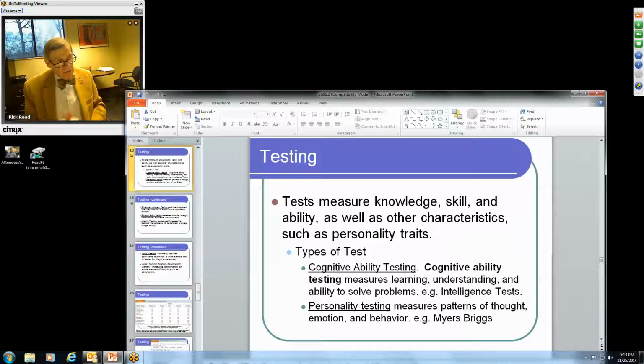Now, the Big 5 personality traits have been around for a number of years. There are 5 traits, and obviously they can be scored. The 5 are extroversion, agreeableness, conscientiousness, emotional stability, and openness to experience.